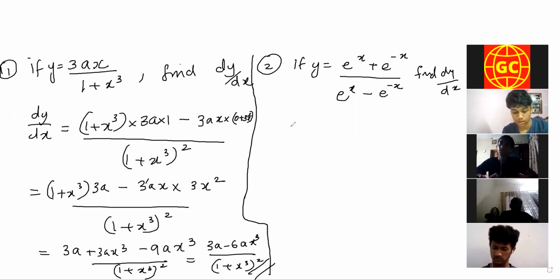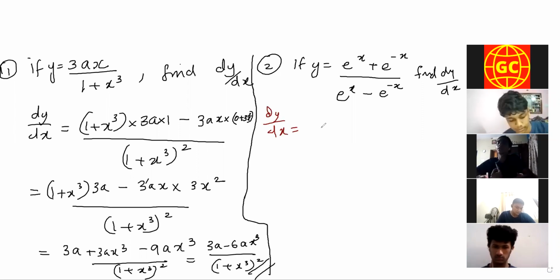Adarsh, can you say the step for the second one? Which rule will you apply? Quotient rule. Yeah. Can you tell me? dy by dx is equal to (e^x plus e^-x) divided by (e^x minus e^-x).